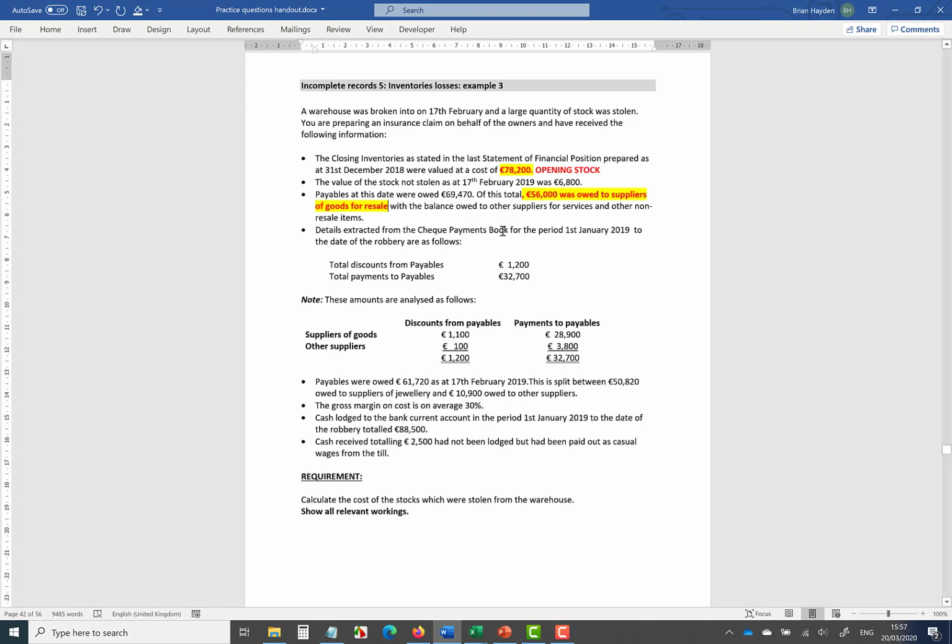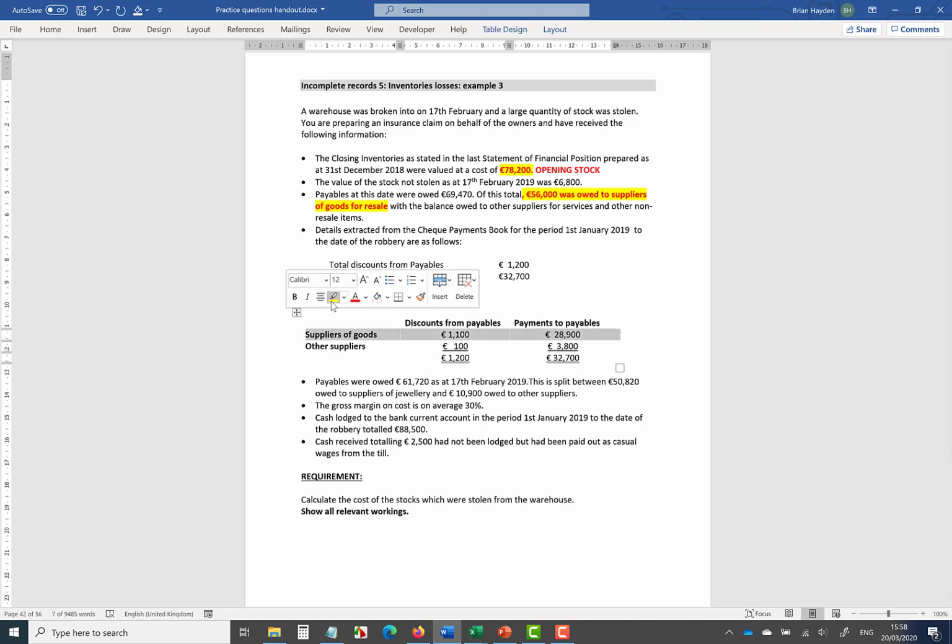Details extracted from the cheque payments book for the period 1st of January 2019 to the date of the robbery are as follows. Total discounts 1,200, total payments 32,700, and these amounts are analysed as follows. This is very similar to the last question. The important point here is that the suppliers of goods values are the ones that we are interested in.